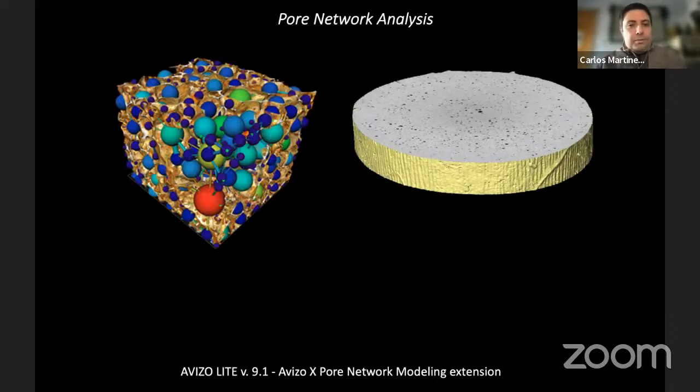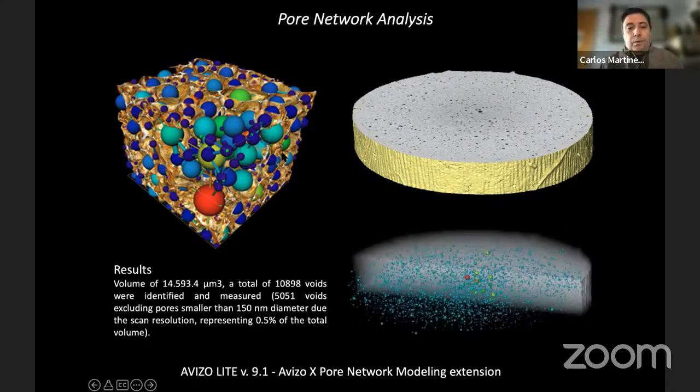Then, in order to visualize whether this porosity could importantly affect the permeability of the element, we conducted a pore network model using the extension provided by Avizo, basically to visualize the volume of the different pores and the connections between them. As you can see in this picture, it's not ours, it's just the example that Avizo gives.